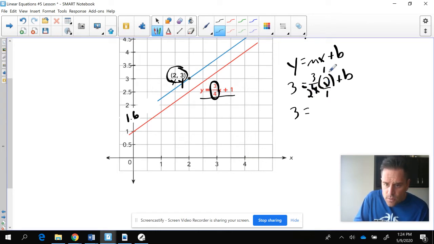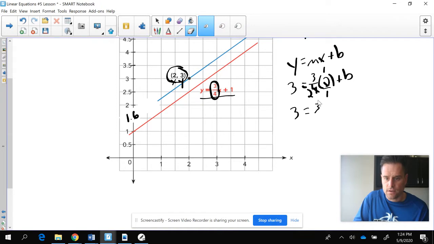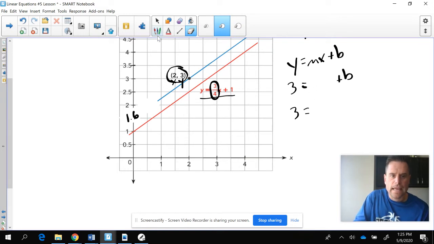Ooh, let me get my eraser. That looks ugly. I'm going to redo that. Let's get a bigger one. Let's try this again.